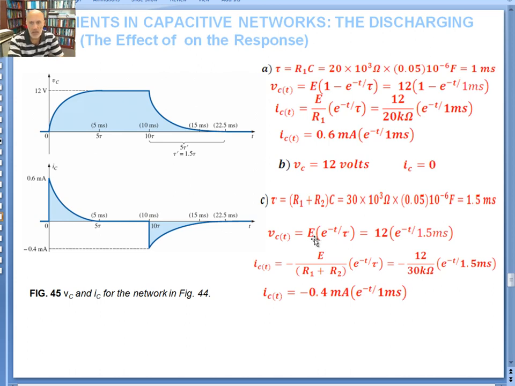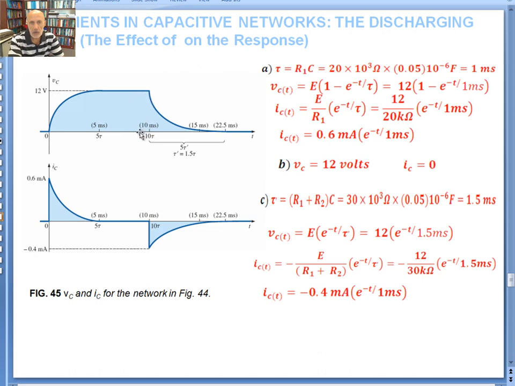So the voltage now, this is the equation for the discharging. At this point, it's going to go down as e to the minus t over tau prime, which is 12 e to the minus t divided by 1.5. There's a typo in here.